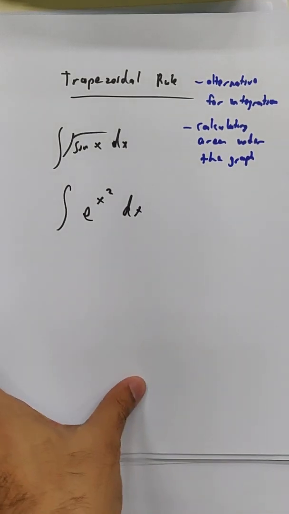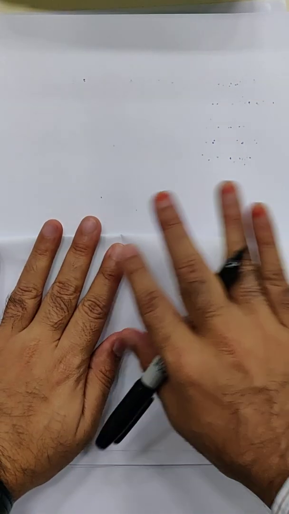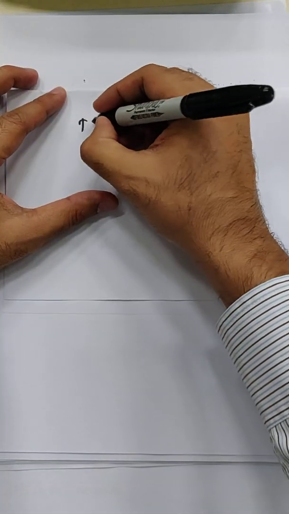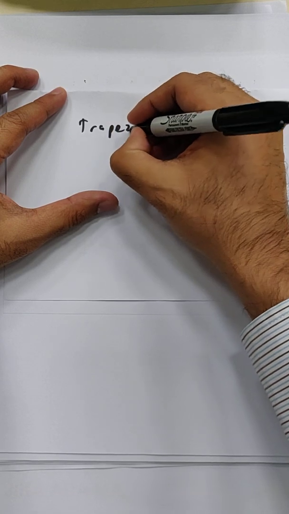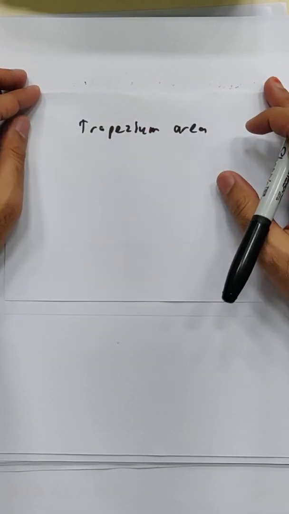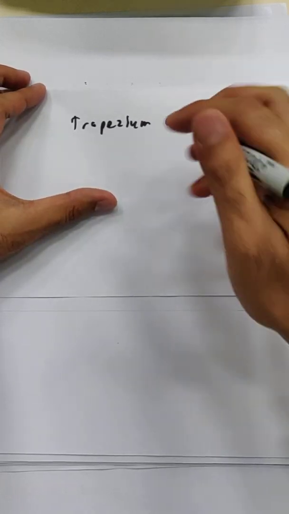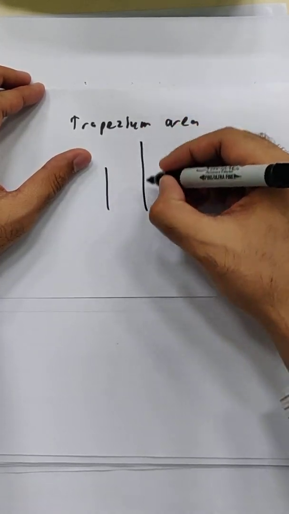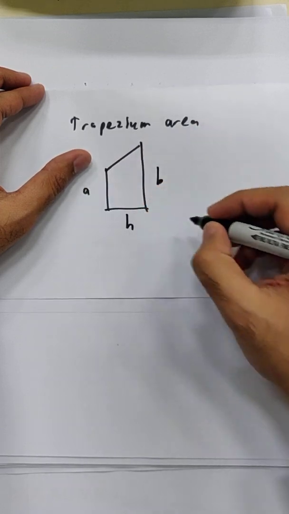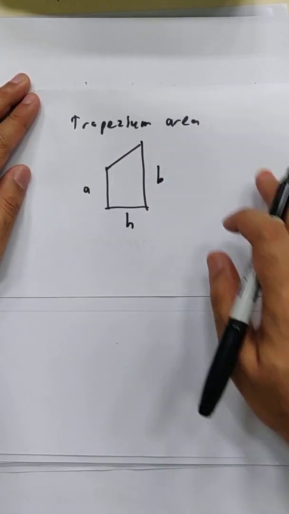Alright, so do you remember the trapezoid area formula, or maybe trapezium? If I give you something like this, where this is A, this is B, and this is H, how do you find the area?